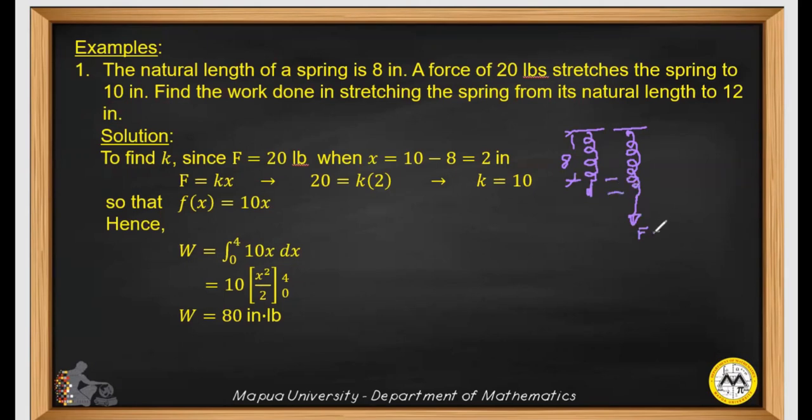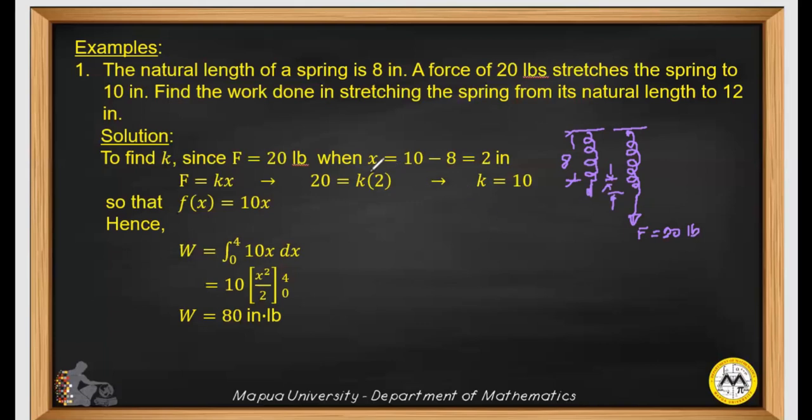Considering a force F equals 20 pounds, it stretches the spring from the natural length to 10 inches. So that would mean that this elongation x is 2 inches.